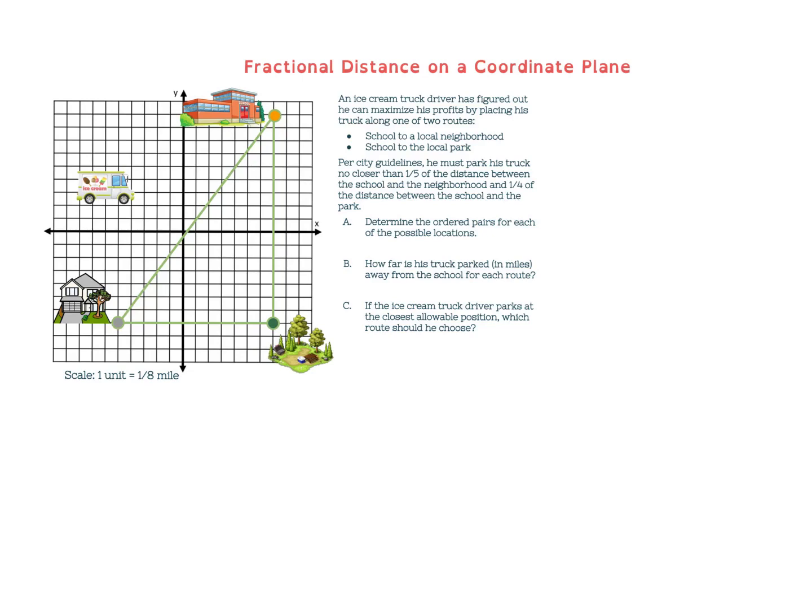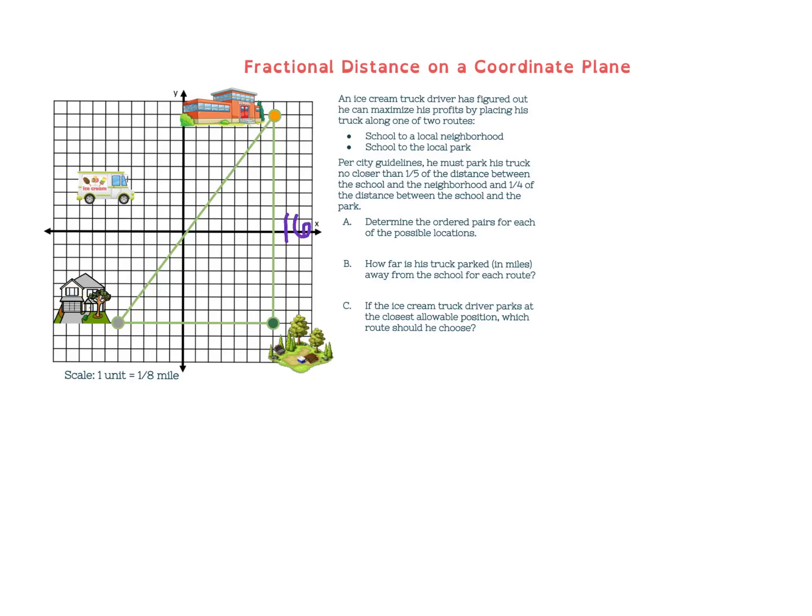So let's start by looking at going from the school to the local neighborhood. What I want to do first is calculate the two legs of this right triangle that we're creating between the three locations. So our vertical distance from the school to the park is a total of 16 units.